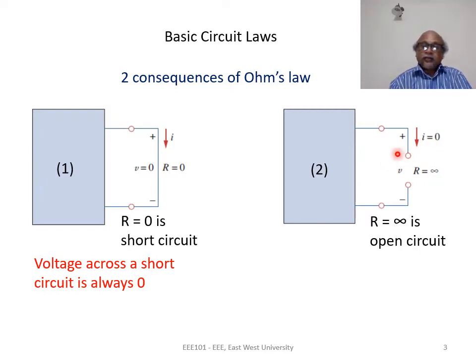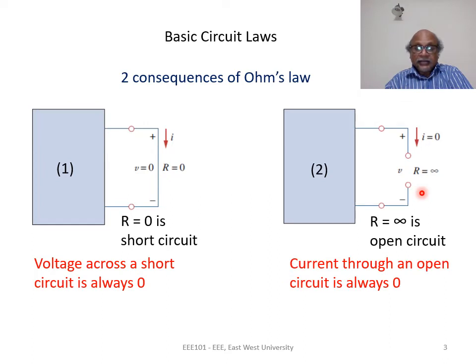So if we divide a finite voltage by infinite resistance, the current becomes 0. In a generalized way, we can state that the current through an open circuit is always 0. These are 2 important statements, and we will use these often to simplify our circuit analysis.